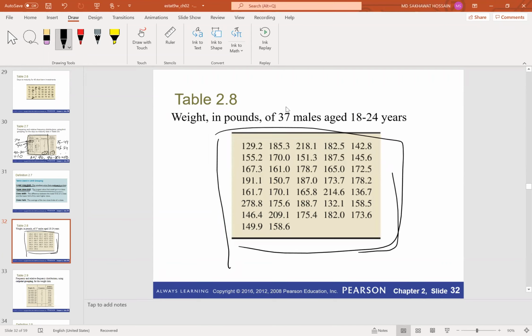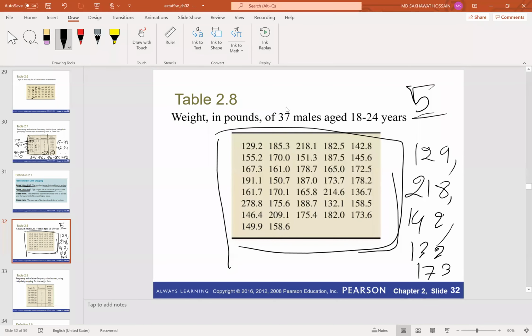For the same example, suppose we consider the weight of 5 persons, and we found that the weights are 129 pounds, 218 pounds, 142 pounds, 132 pounds, and 173 pounds.